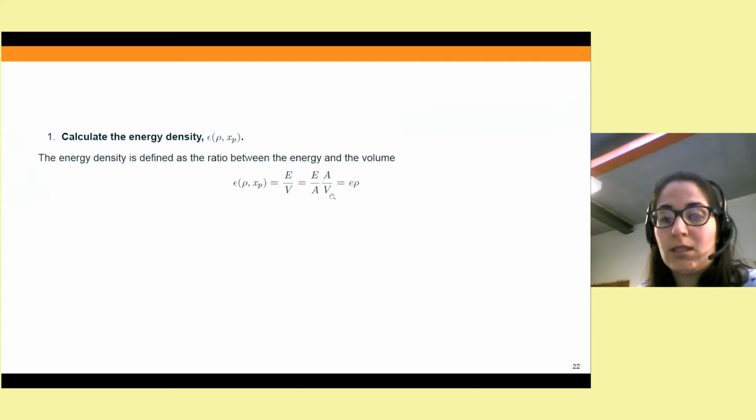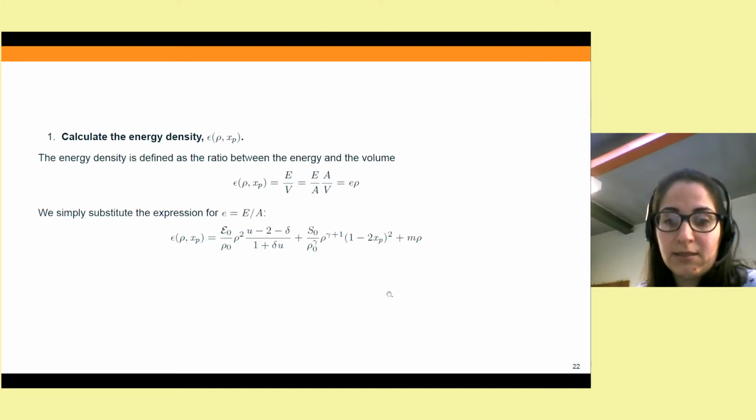What is this? This is the baryonic density, the nuclear density. So we just need to multiply the expression that we are given by the exercise times the nuclear density. And if we do that, we just get this here. This is very easy to do.